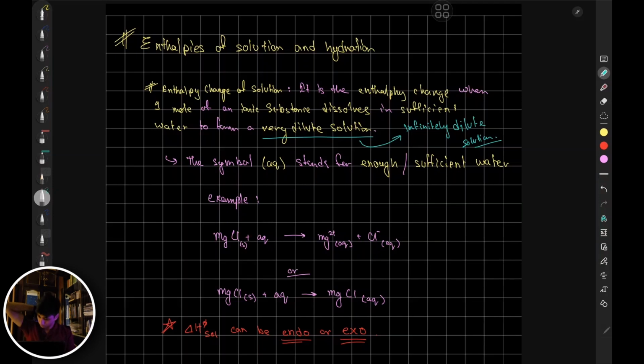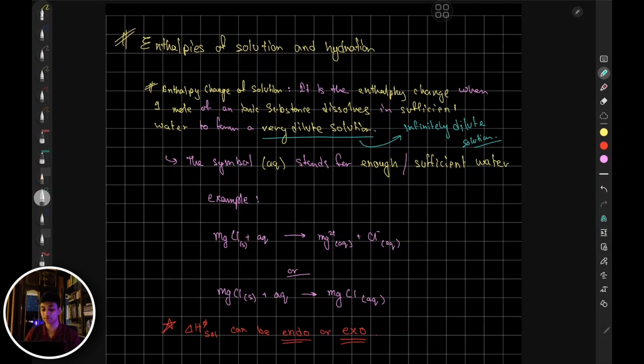Great. The symbol aq means enough or sufficient water, and once it is dissolved in excess water, we add the symbol aq. A few examples of enthalpy change of solution could be taking MgCl2, adding water (aq), and forming the ions Mg2+(aq) plus Cl-(aq).